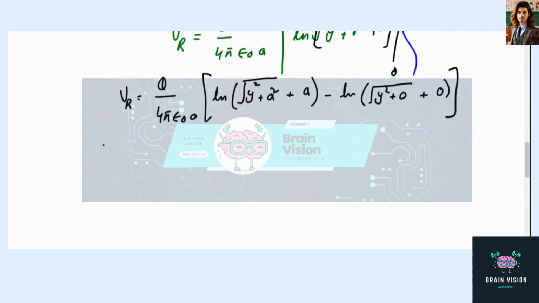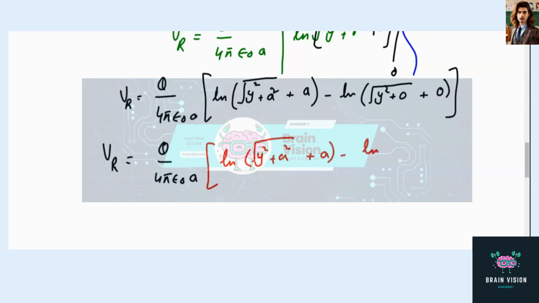This gives us Vr is equal to Q divided by 4 pi epsilon naught times A, and here we have ln of square root of y square plus a square plus a minus ln of y.